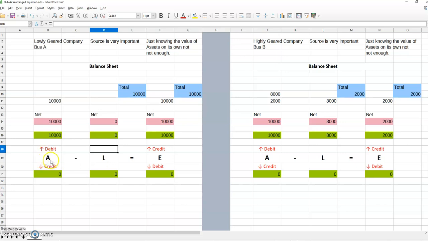If all the master accounts, assets, liabilities, equity, are all positive, then the equation that I've been showing you all the way along up to this point, assets equal to liabilities plus equity, works. That's the one that you should be using.